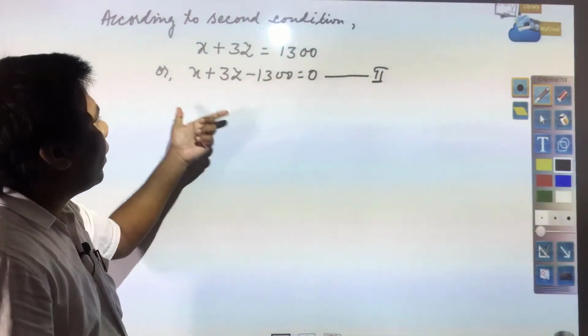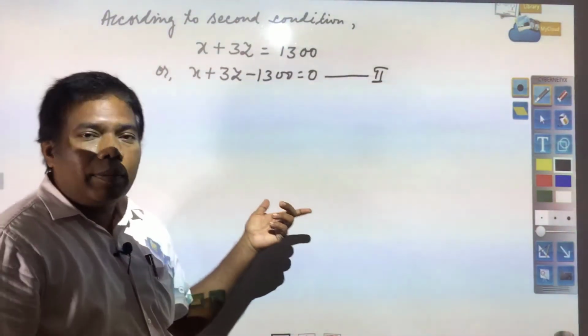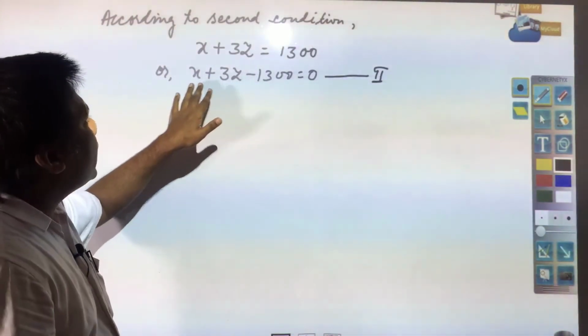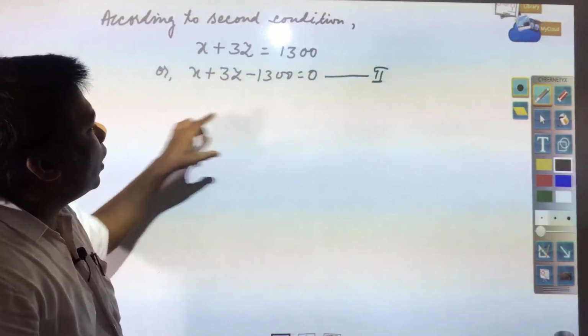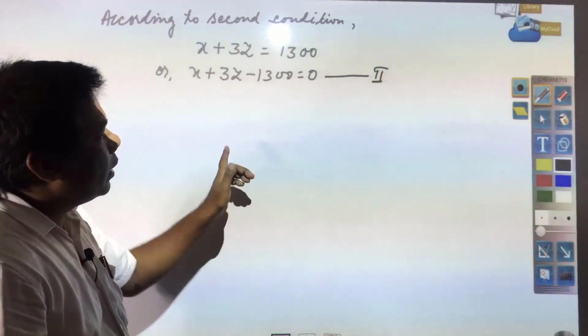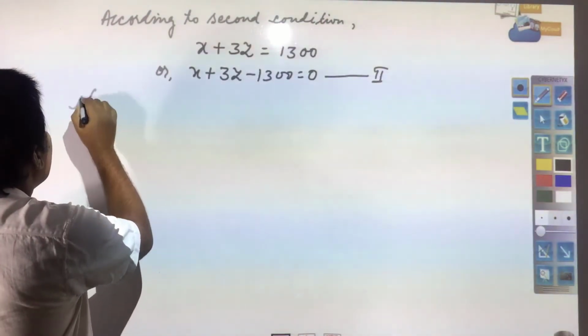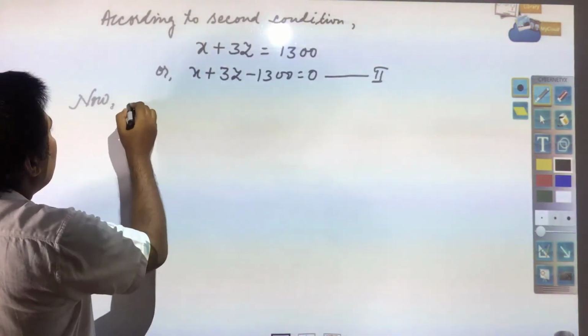Now, we will show it graphically, and for that the same thing has to be done as we did last day. We need to find x and y, make a table, and then plot the graph.